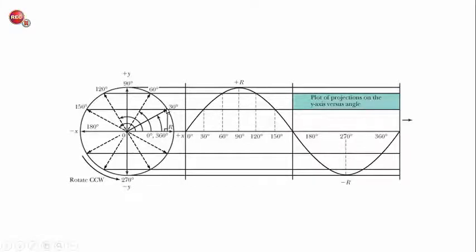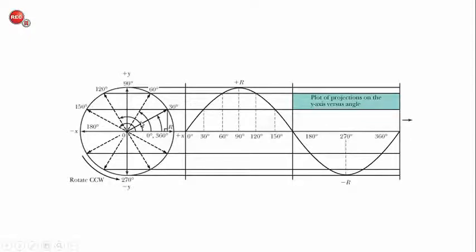So this radius started off at 0 degrees and it rotated up to 30. And so the instantaneous voltage in the circuit would be equivalent to the length of this side opposite of this angle. And so for this angle, which is 30 degrees, if we knew the hypotenuse, which is going to be the peak voltage, because when this vector is all the way up, that is the maximum value that the sine wave can achieve.